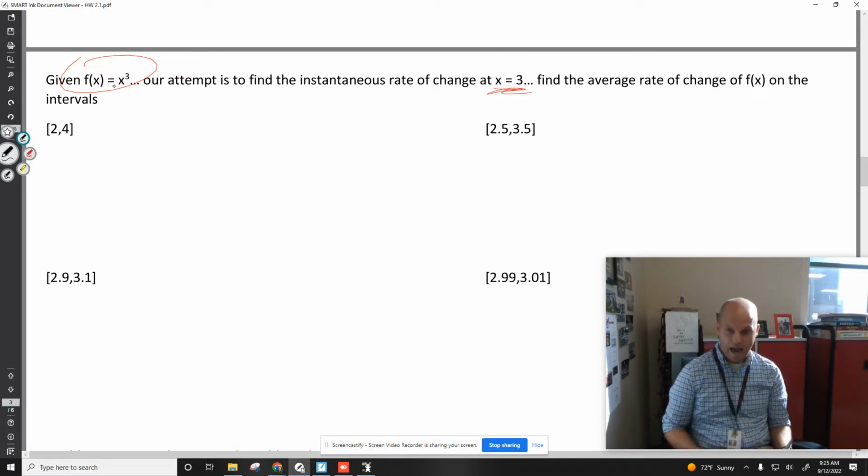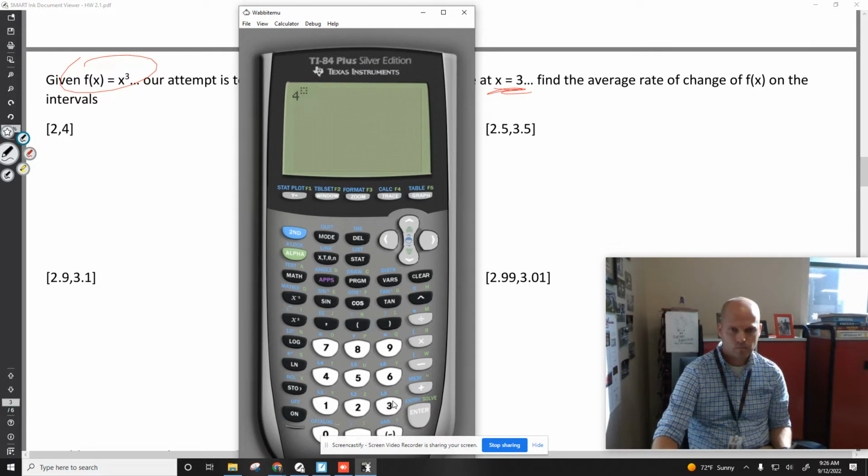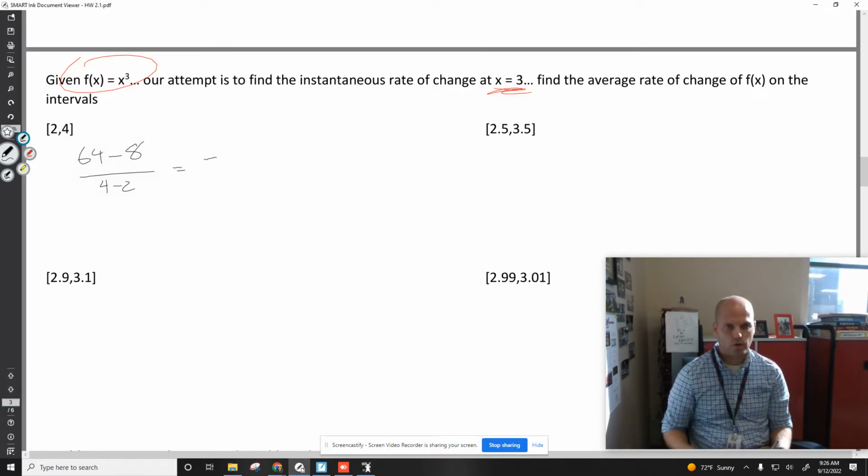Let's find the average rate of change from 2 to 4. Well, 4 cubed, I'll use the calculator. 4 cubed is 64. 2 cubed is 8. So I think the slope's going to be close to 28.